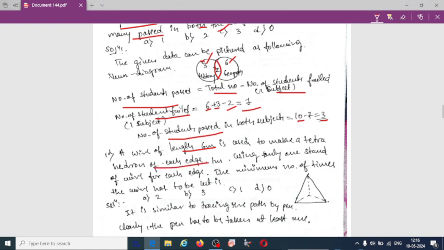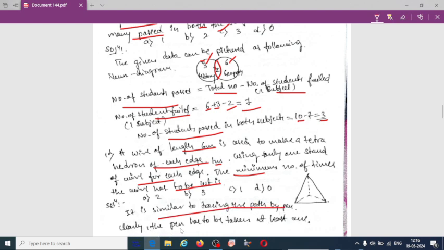So next one, a wire of length 6 meter is used to make a tetrahedron of each side 1 meter using only one strand of wire for each edge. The minimum number of times the wire has to be cut is. So this you can compare with the previous one. As I said, a single strand is used to make the pyramid. So this is also the same. It is similar to tracing the path of a pen.